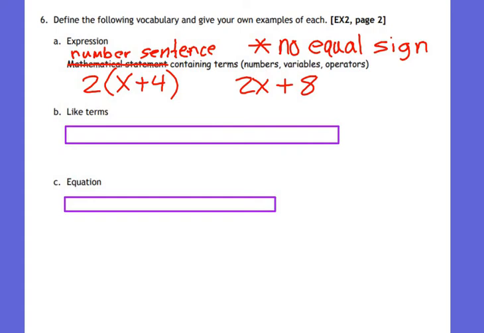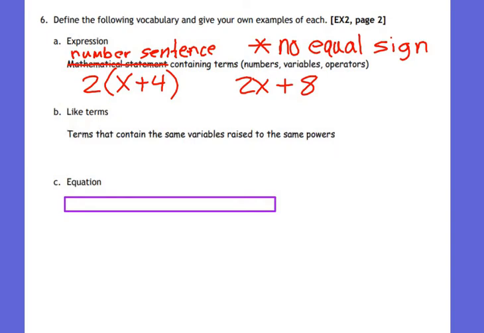Okay. Like terms. What is the like terms? I just explained what you wrote down a minute ago, and I said they have the same variable. They say terms that contain the same variable raised to the same powers.